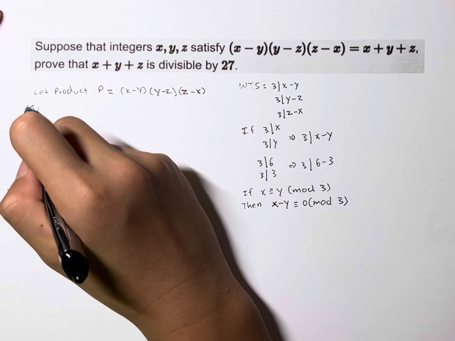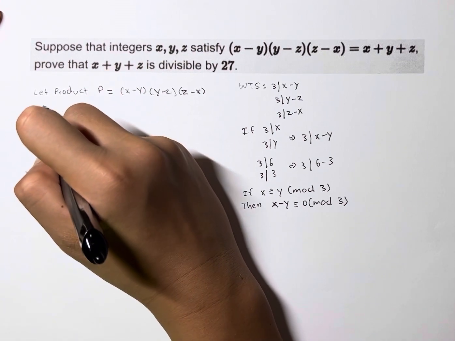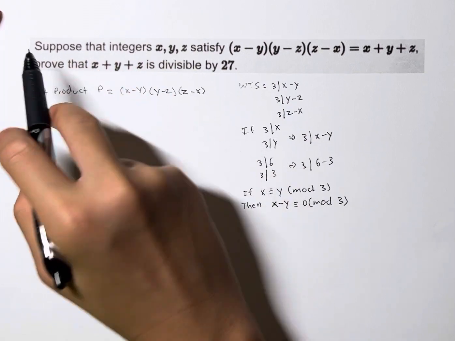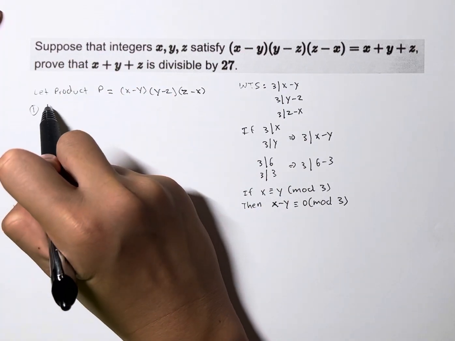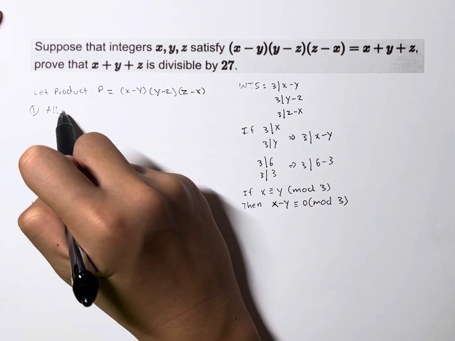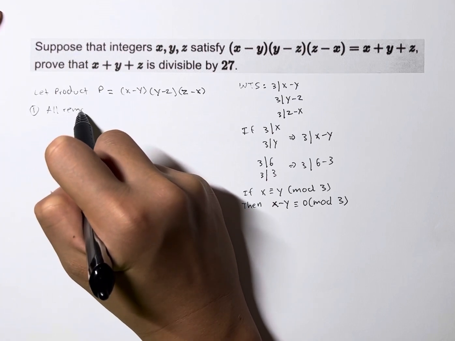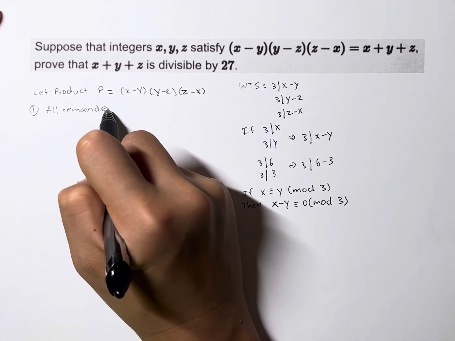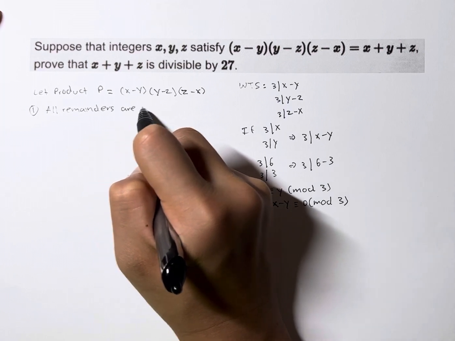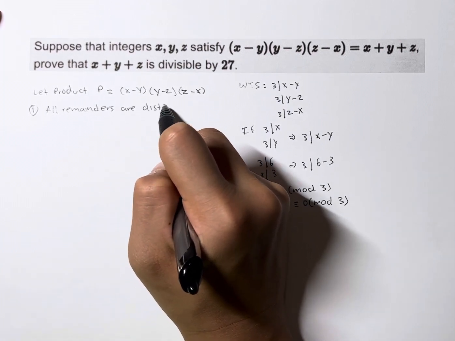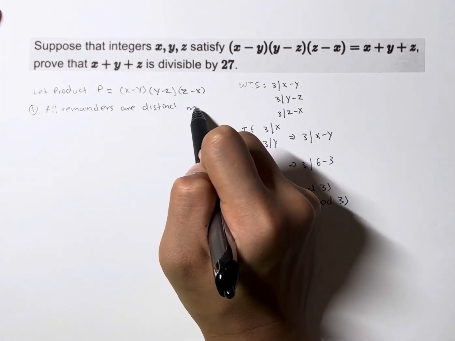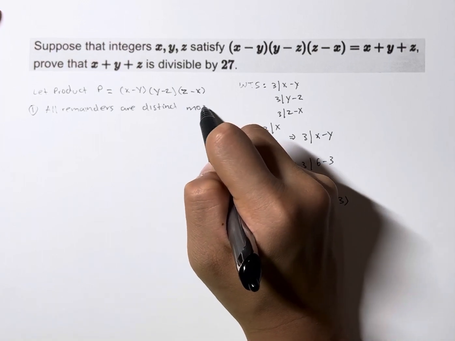So let the first case begin. All remainders are distinct mod 3.